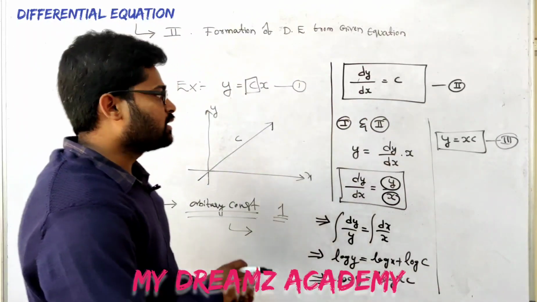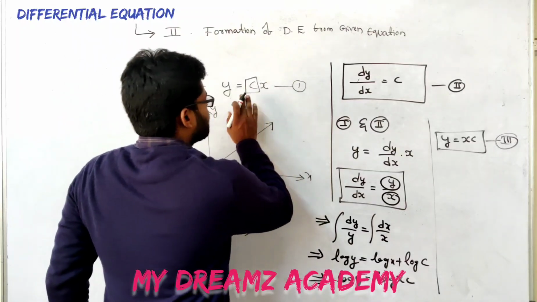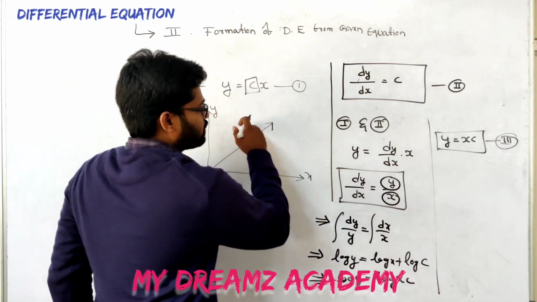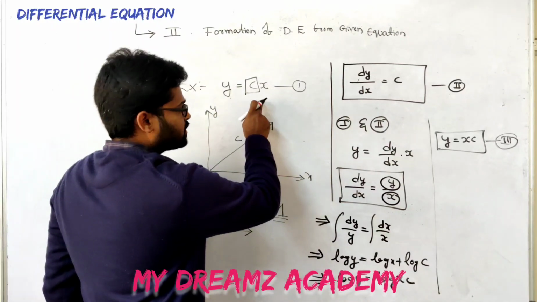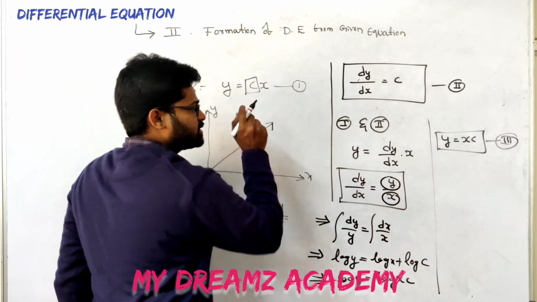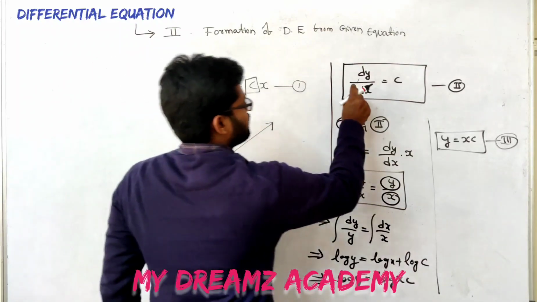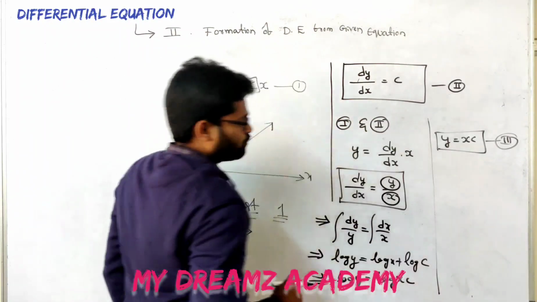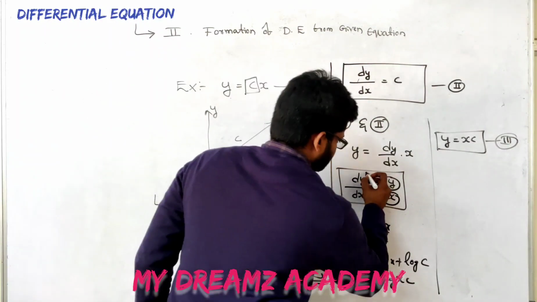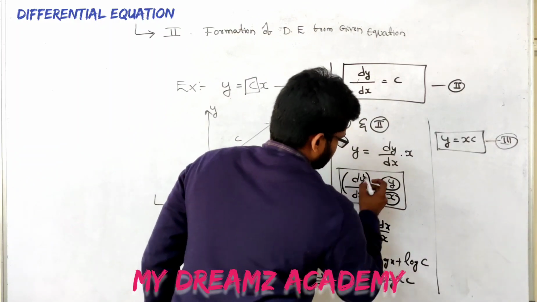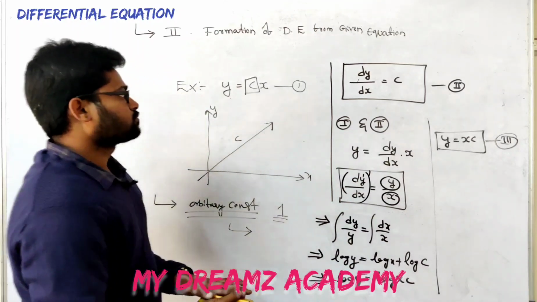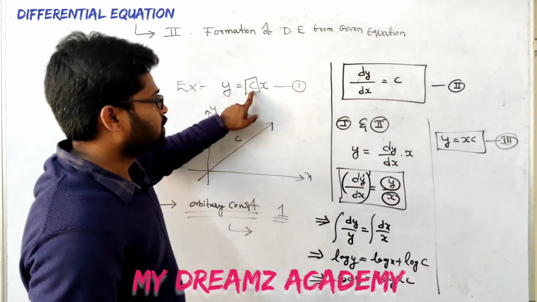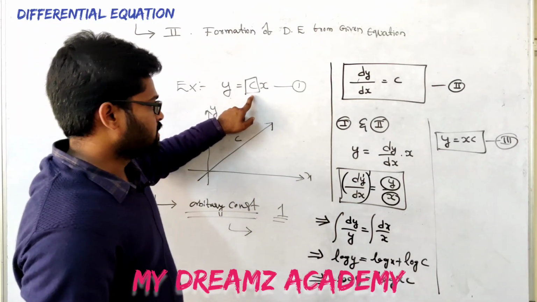One thing to remember is that the order of the given differential equation depends upon the number of arbitrary constants. If the number of arbitrary constants is only one, the order of the differential equation is only 1. Degree 1, order also 1.